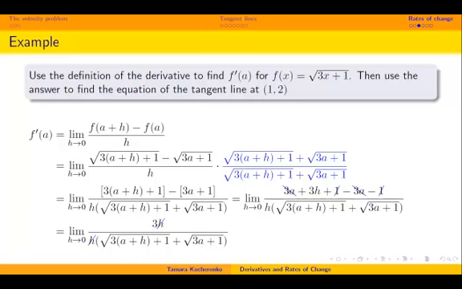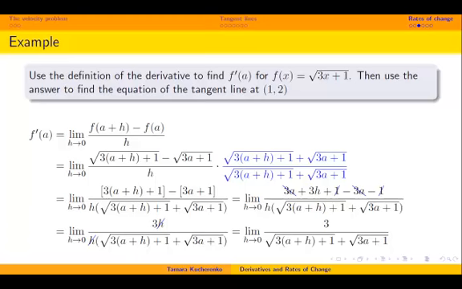We end up with the limit as h approaches 0 of 3 divided by the square root of 3 times a plus h plus 1 plus square root of 3a plus 1. This limit can be evaluated by substituting h equals 0.